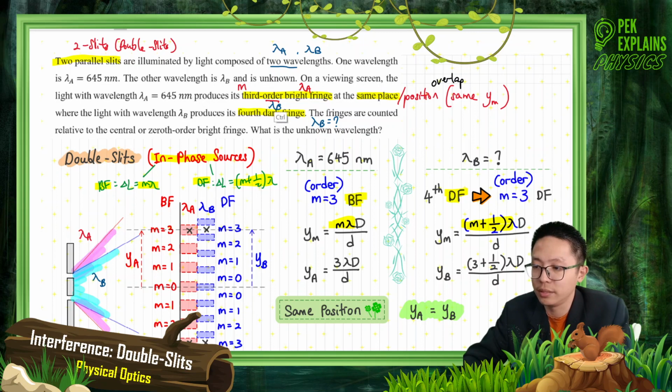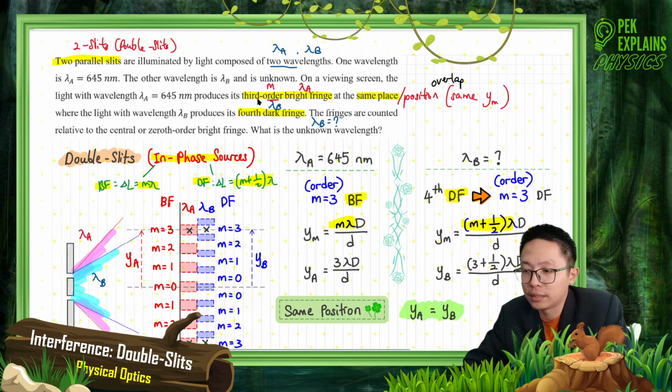The order means the m value, directly. So third order means m equal to 3. This one is the m equal to 3 bright fringe.